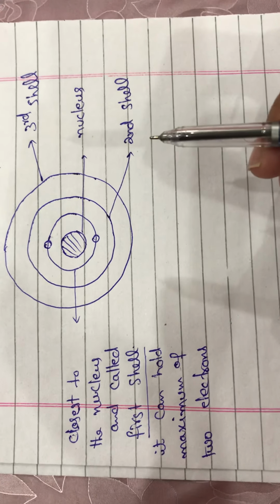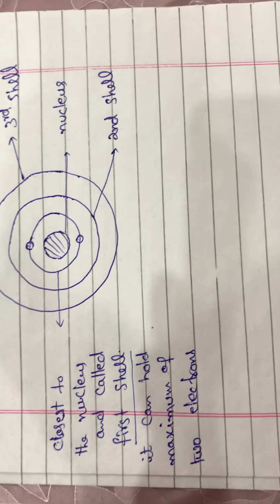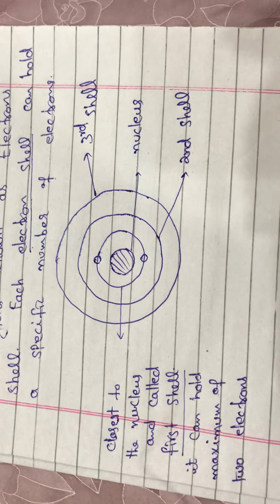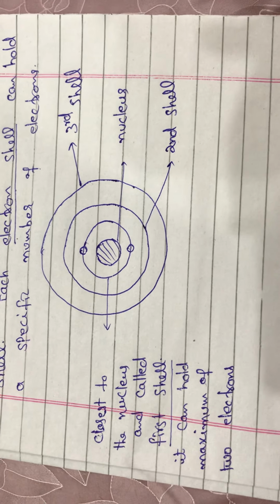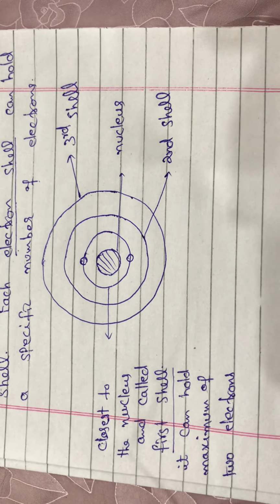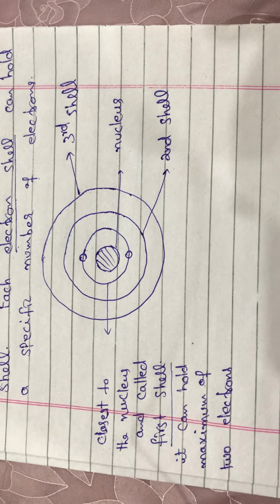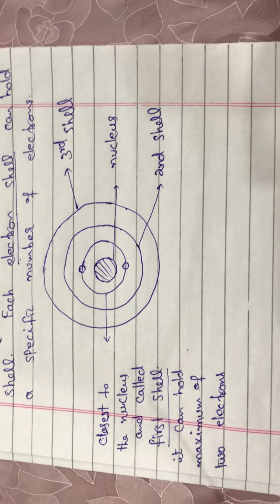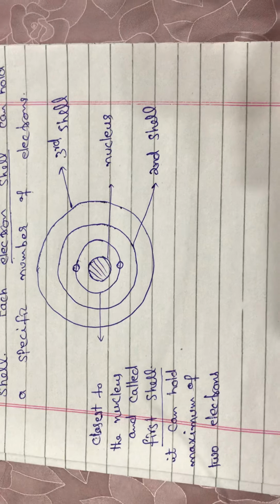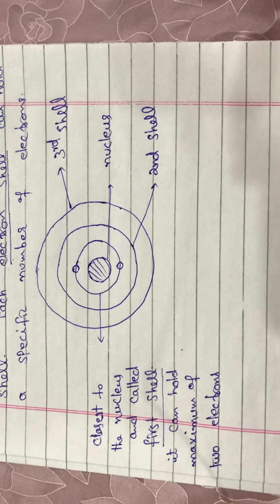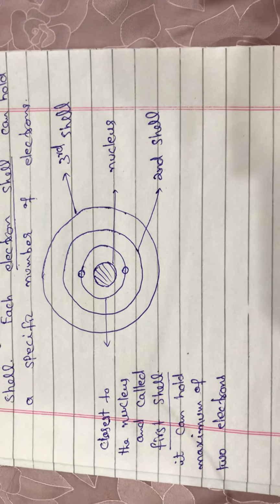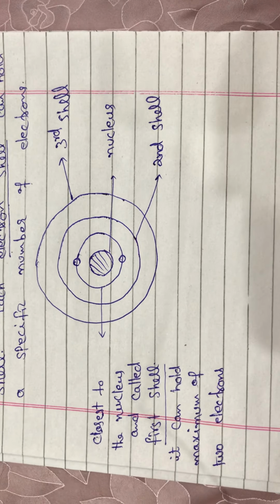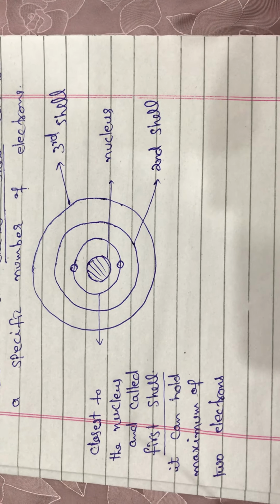One thing we have to be clear about is that firstly the first shell will be totally filled, then the rest of the electrons will go into the second shell, and if the second shell is not completely filled, then no other electron can go to the third shell unless the second shell is completely filled.